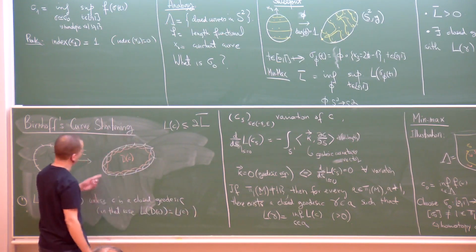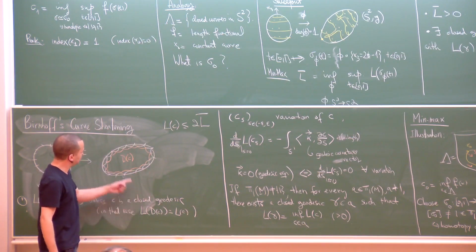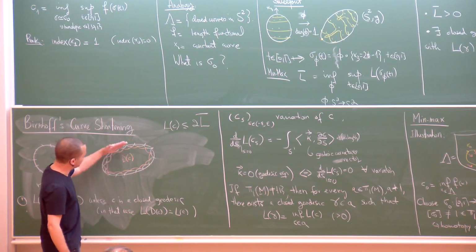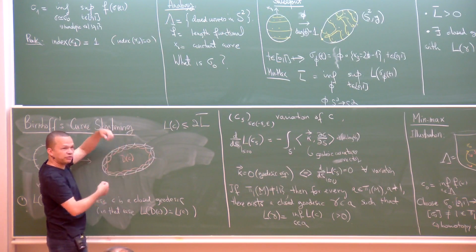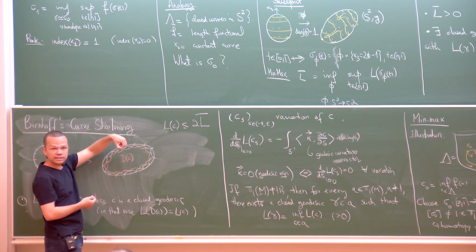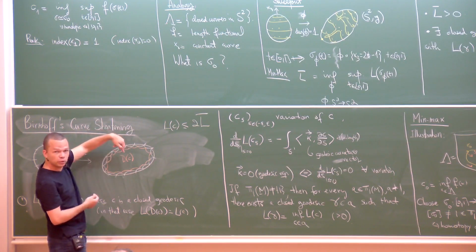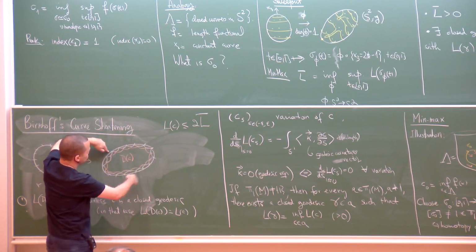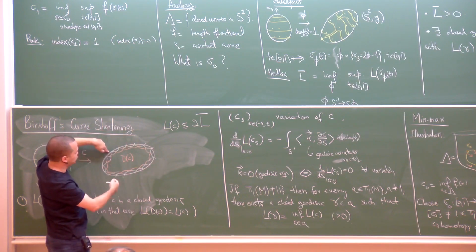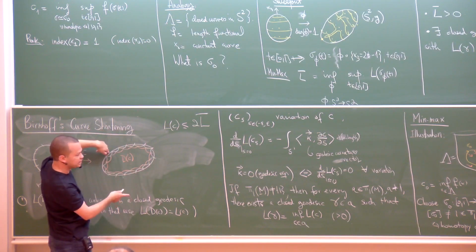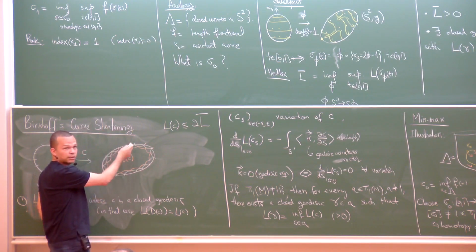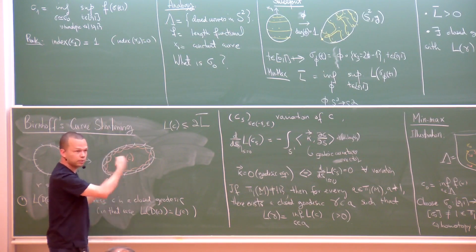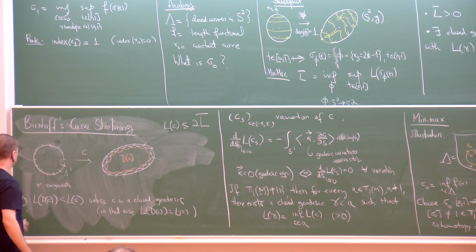If it doesn't decrease strictly, it's because first, my original curve happened to be a broken geodesic, so there was no replacement. Then you look at the midpoints, and again, if you cannot decrease the length, it's because there's no angle, and then it has to be a smooth closed geodesic.